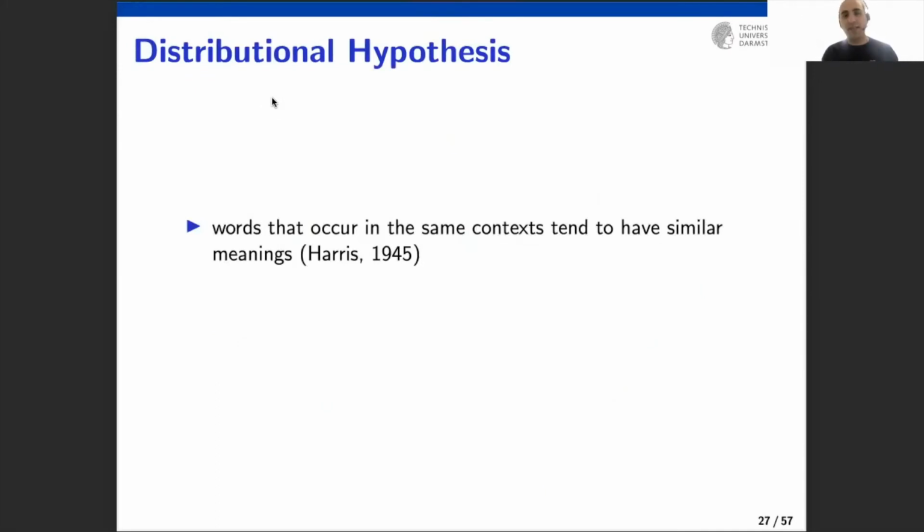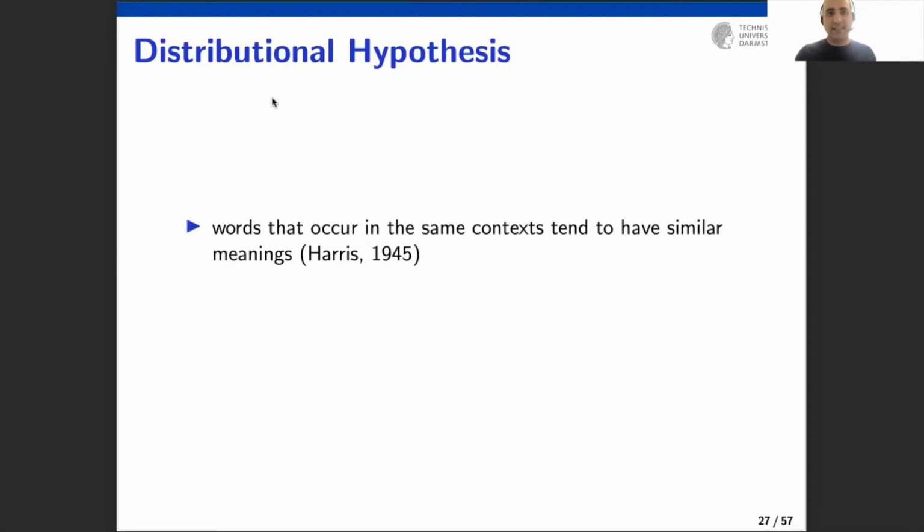Okay, given this notion of word meaning, that words are not independent and you should interpret words with respect to what accompanies them, we can come to the distributional hypothesis: words that occur in the same contexts tend to have similar meanings.